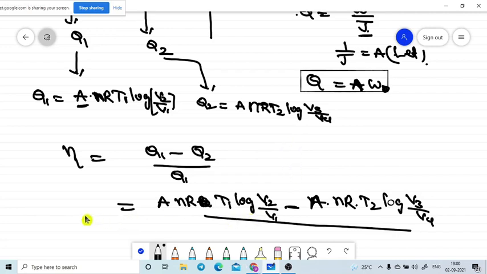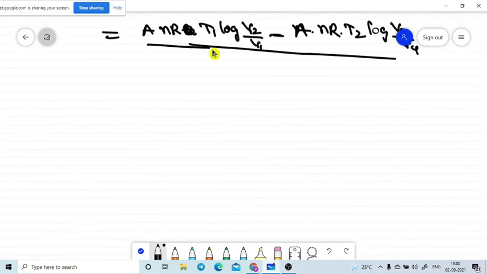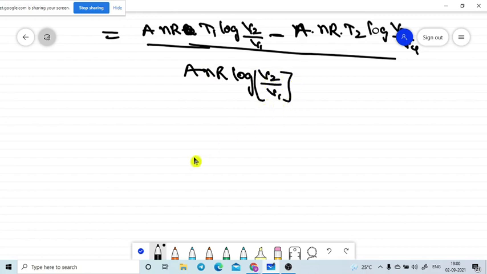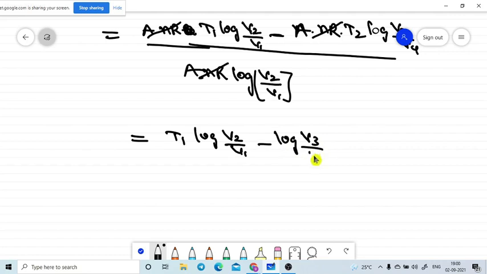The Q1 value is A into nR into T1 into log of V2 by V1. The common terms are A and nR. That means we have the formula eta equal to T1 into log of V2 by V1 minus T2 into log of V3 by V4, divided by T1 into log of V2 by V1. This formula we achieved for the eta value.